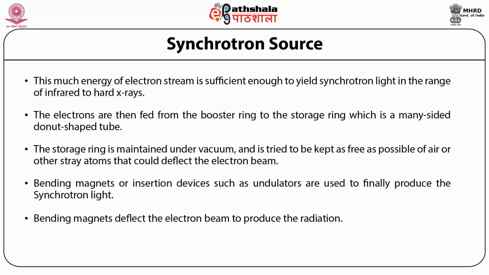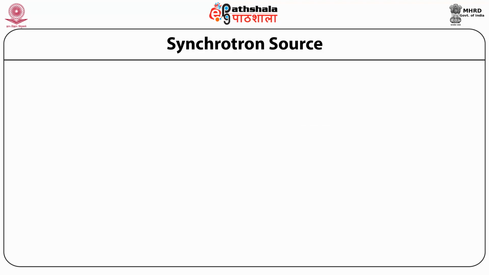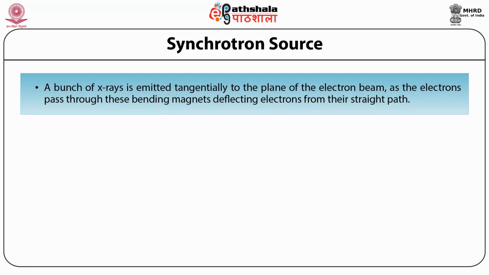Bending magnets deflect the electron beam to produce the radiation. The main function of bending magnets is to bend the electrons into their racetrack orbit. A bunch of X-rays is emitted tangentially to the plane of the electron beam as the electrons pass through these bending magnets, deflecting electrons from their straight path.